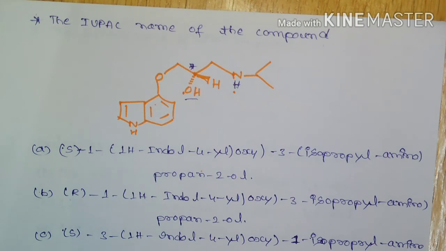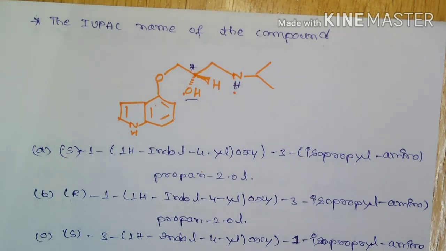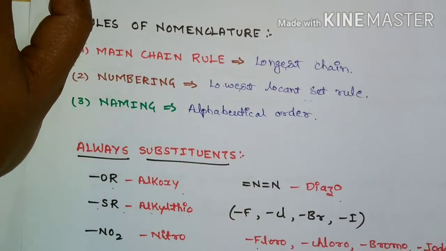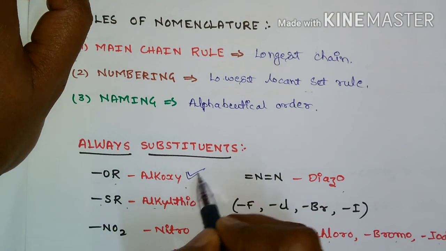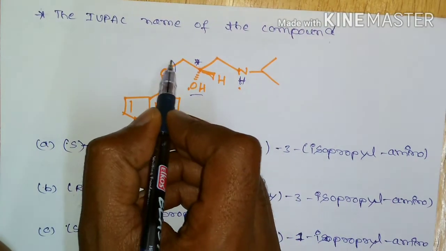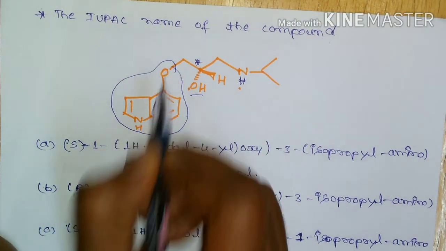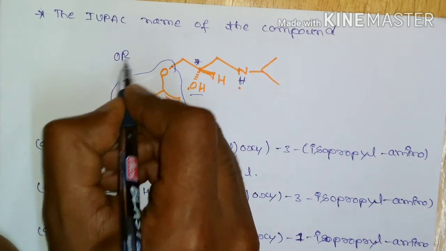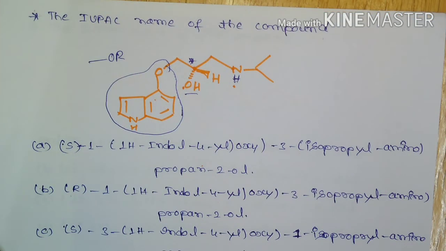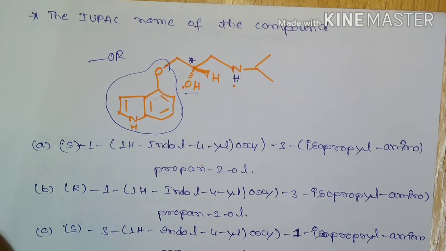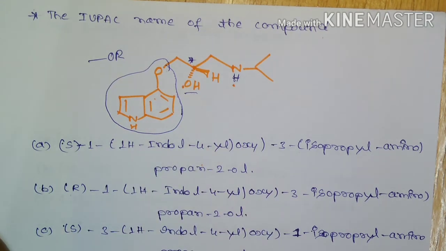Already I mentioned that if an alkoxy group is present, then it is going to be treated as a substituent. Here this part we can consider as OR. So it is alkoxy, so this will be treated as a substituent.